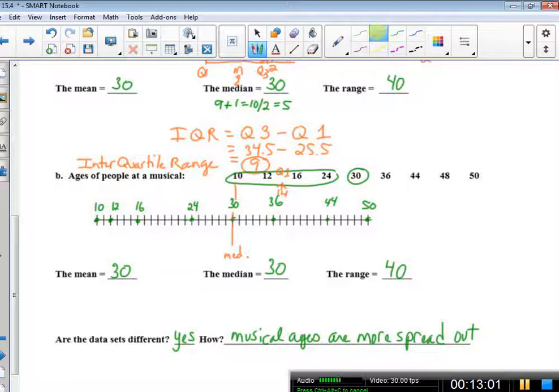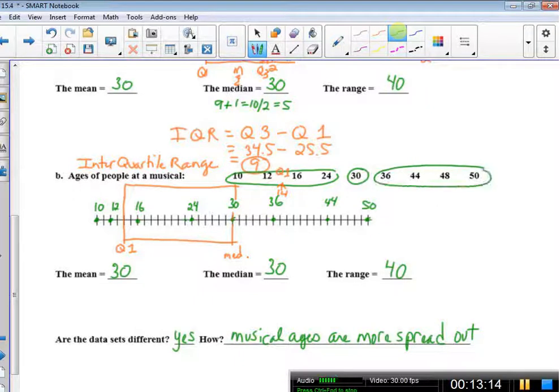So at 14, we have quartile 1. A little bit more spread out. And then if you take a look at the right-hand side of the data, the median of that data is right here. That's quartile number 3, and that is 46. So at 46, here's the rest of my box, and then it goes to 50.